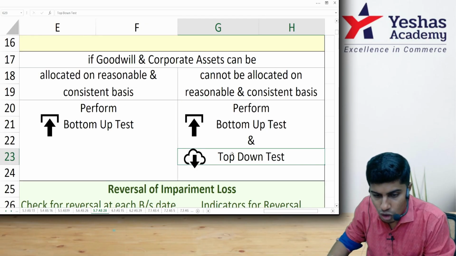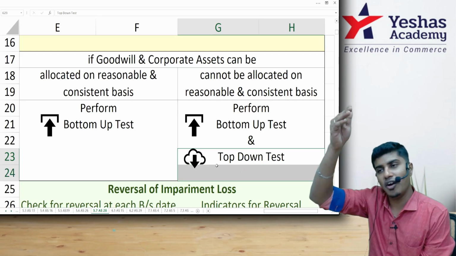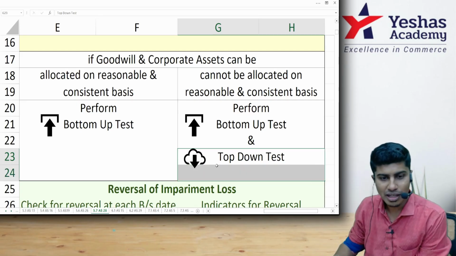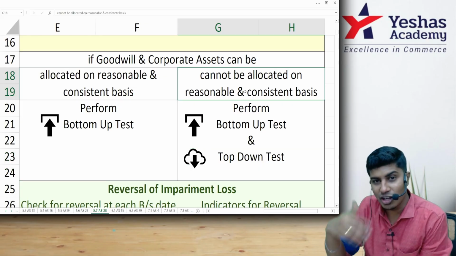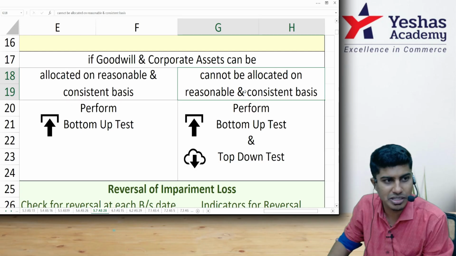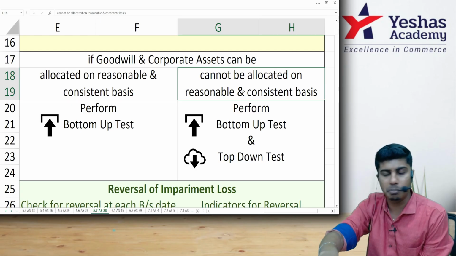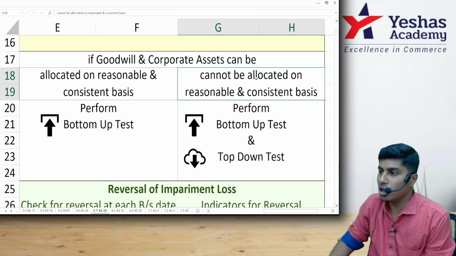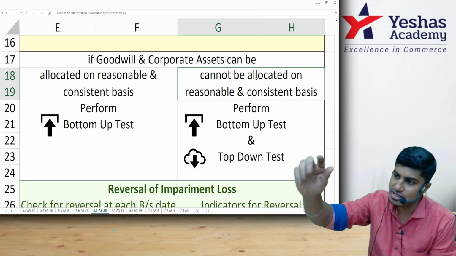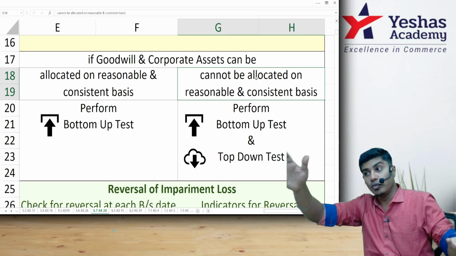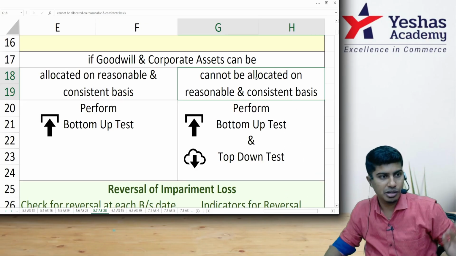That, my friends, is the top down test. If it cannot be allocated on a reasonable and consistent basis, then bottom up test: first individual asset impairment, then add goodwill to all the assets together, then check impairment.